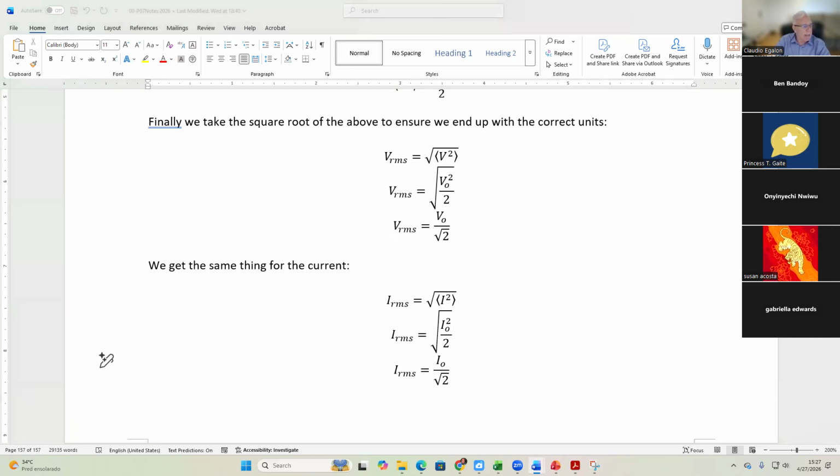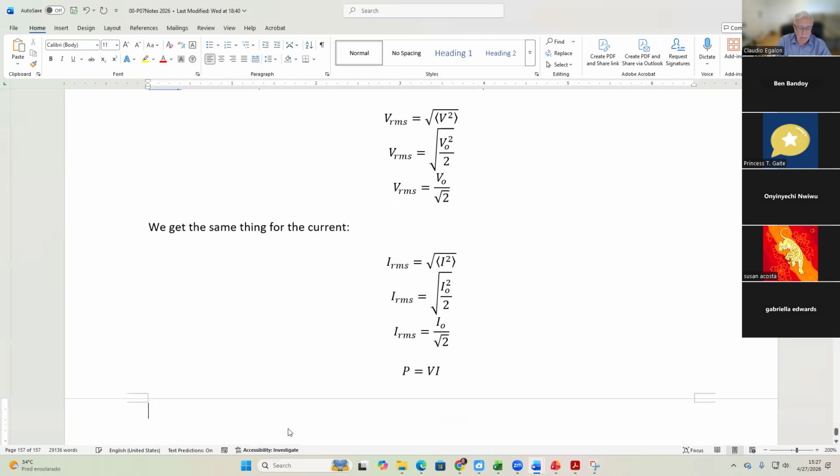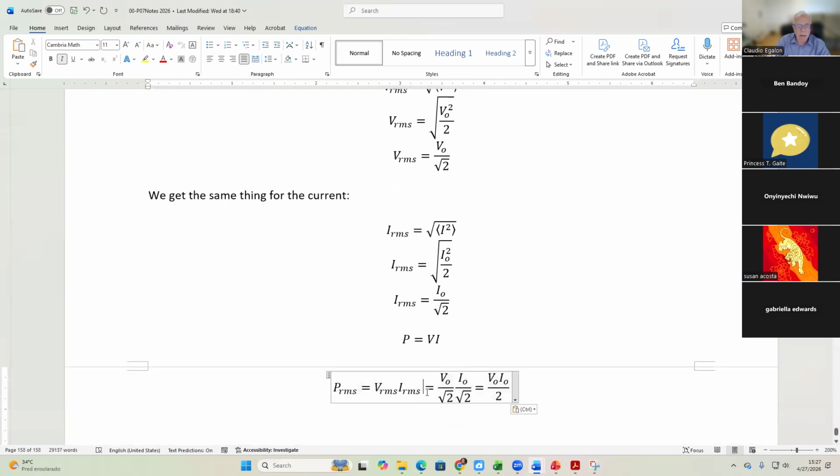And now we gotta apply that to the power. Because power is VI, the root mean square value of the power is going to be the root mean square value of the voltage times the root mean square value of the current.